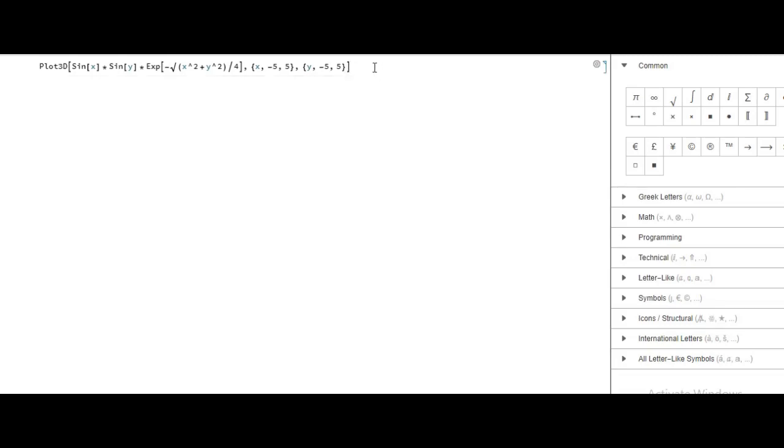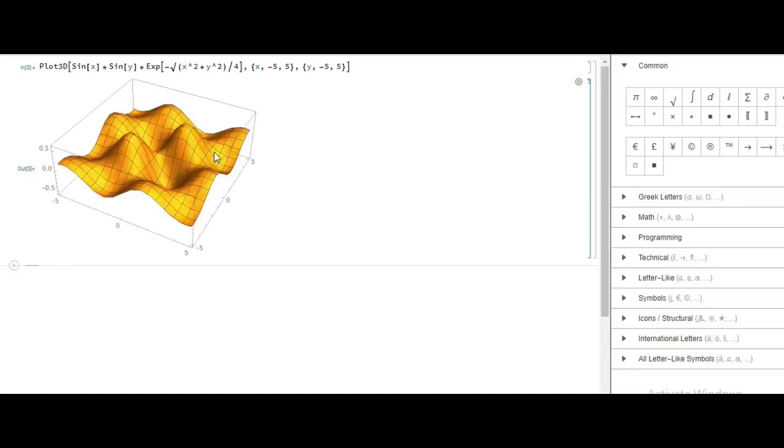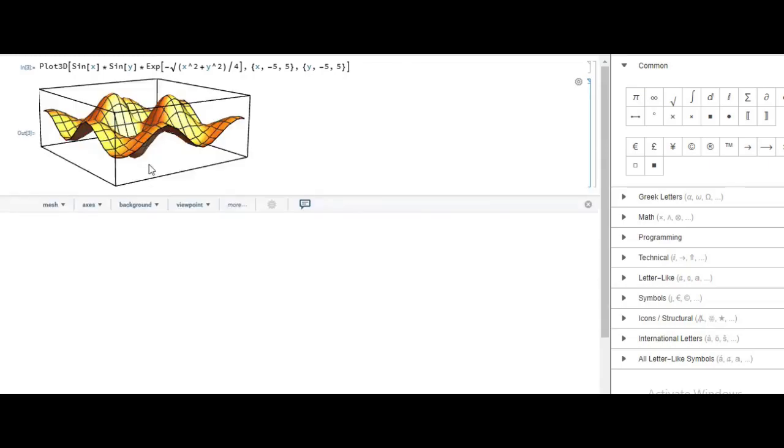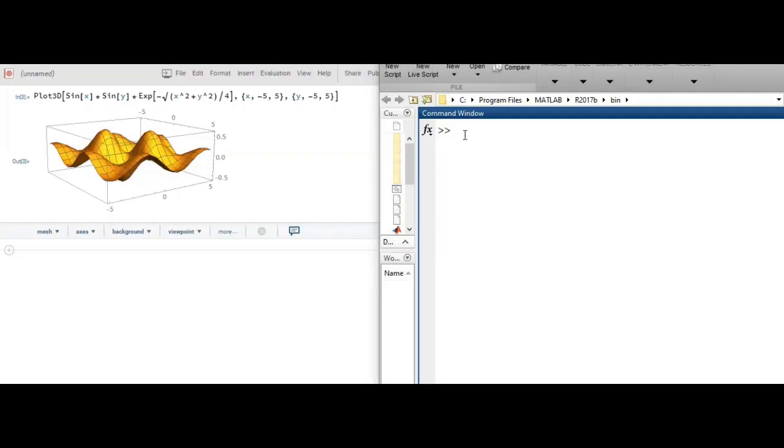So let's run it. This is the graph we are getting. Now in MATLAB, the first thing we have to do is make an array, a vector from minus 5 to 5.